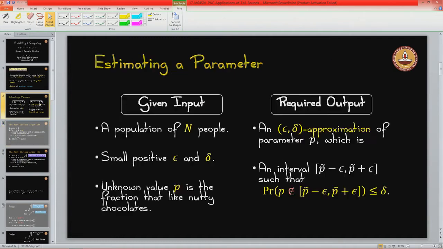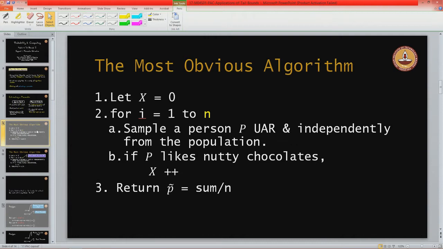So, is everybody clear about this problem statement? Because it's a very simple problem. You just need to estimate the fraction of the people who like something. And the nice thing is, the algorithm we are going to consider for this case is extremely simple. We are just going to run a for loop n times, and each time we are going to sample someone uniformly at random and independently and ask them, do you like nutty chocolates or not?